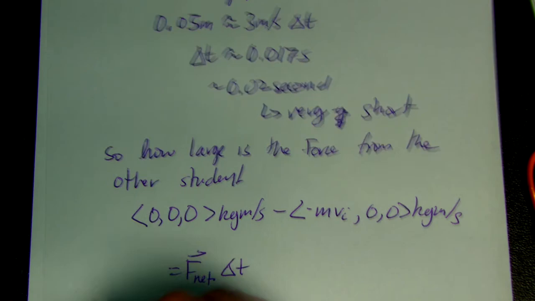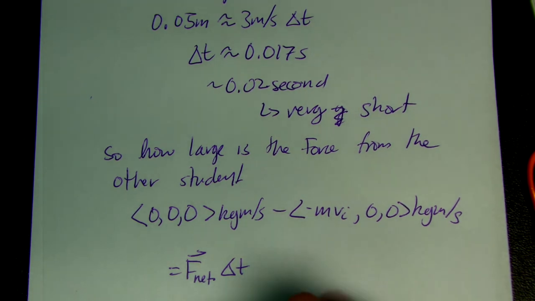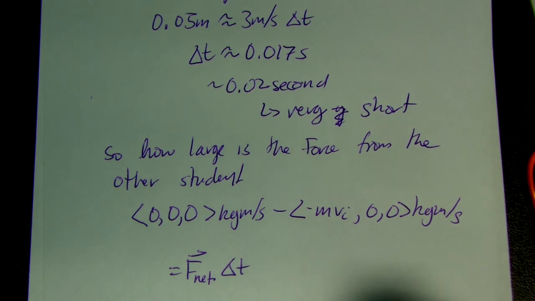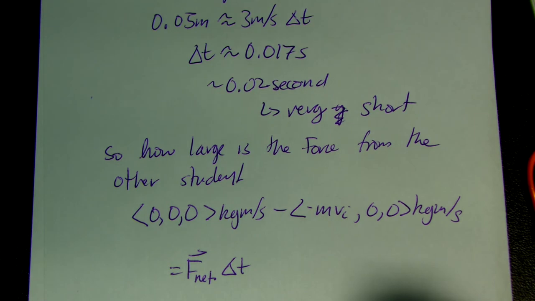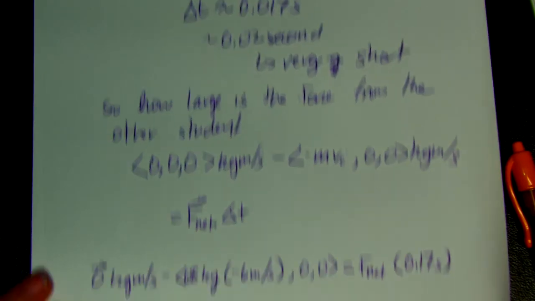So we have 0 kilogram meters per second minus 68 kilograms times minus 6 meters per second, 0 is equal to F net times 0.17 seconds.